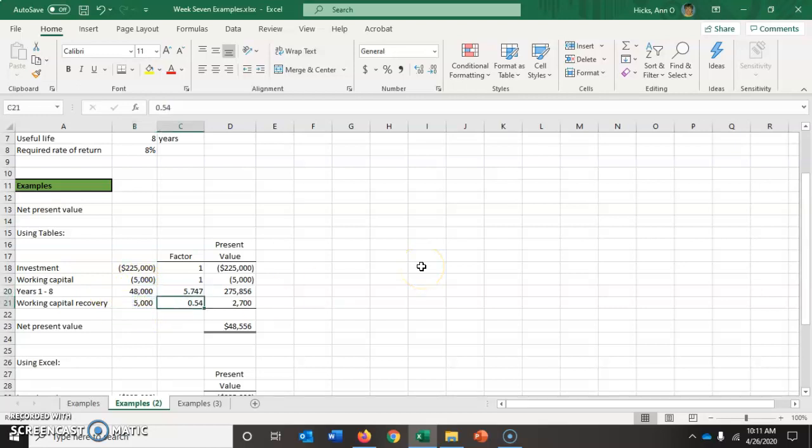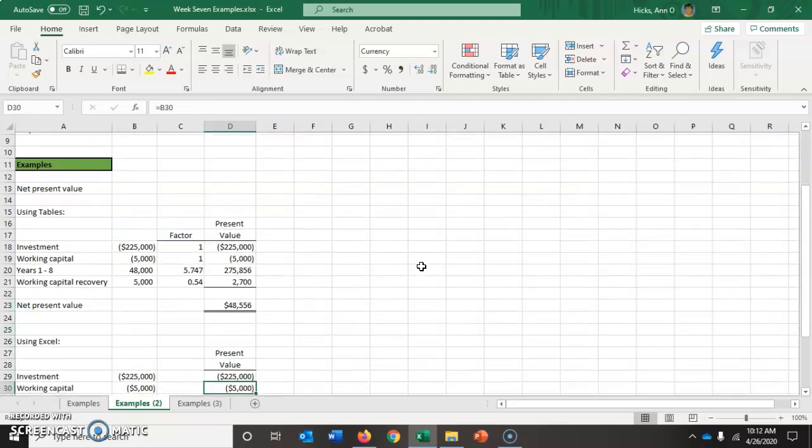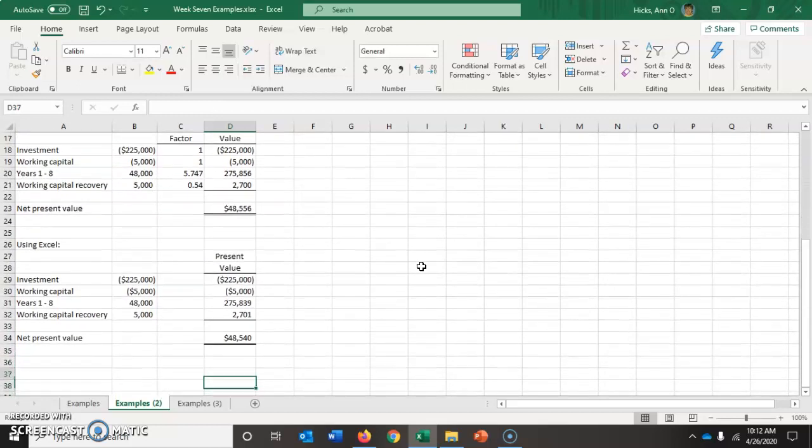And then I have used the factor from the present value of a lump sum table for 8 years and 8%, and the present value of that is $2,700. Then my net present value becomes the sum of all of those, which is $48,556.